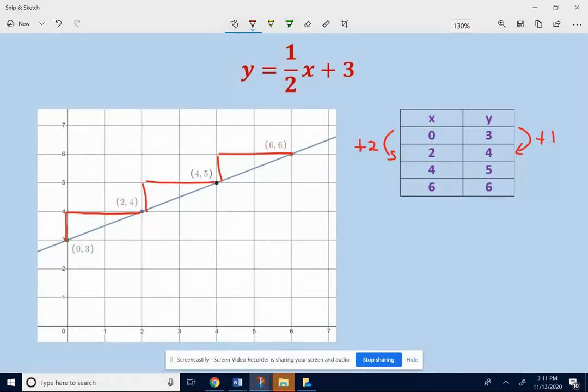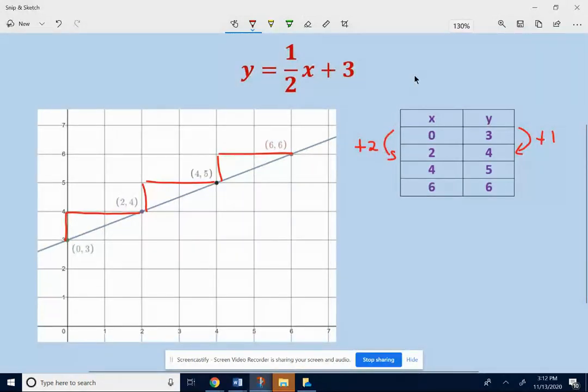So what I'm trying to get at is when you rise 1, that means your y-coordinates go up 1. And when you run 2, that means your x-coordinates are increasing by 2.